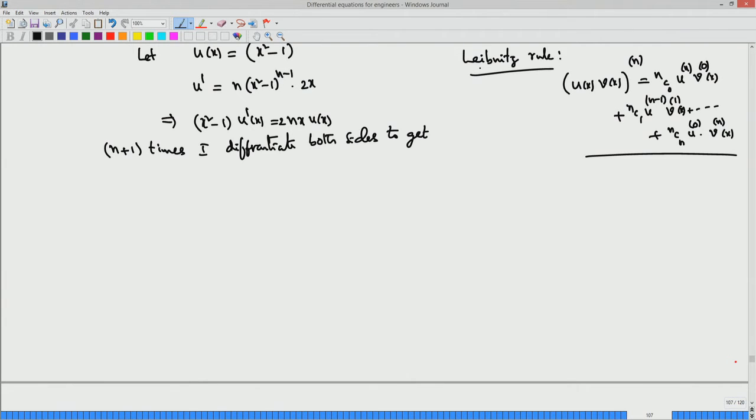If you apply this here, differentiating both sides, this is my u, this is my v. Similarly on the other side there are two functions.